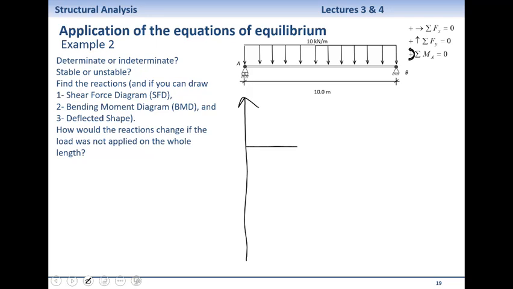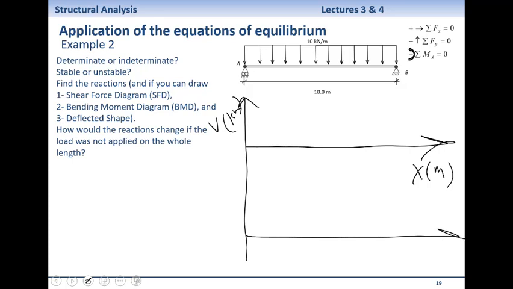So we normally have the shear force diagram right below the beam. We use letter V. We have the units. And then right below that, we draw the bending moment diagram. Kilonewton meter.